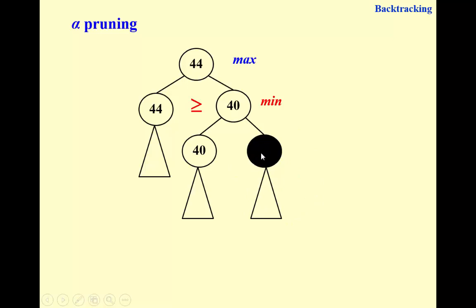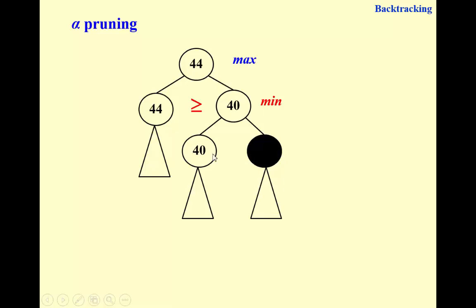Now let's check. We have two conditions, right? One is that this number is greater than 40, or this number is smaller than 40. Let's say this one is larger than 40, what's going to happen? Since this is the min level, if this number is larger, this 40 will not be updated, because it takes the minimum. And it will not affect the final result of this max level.